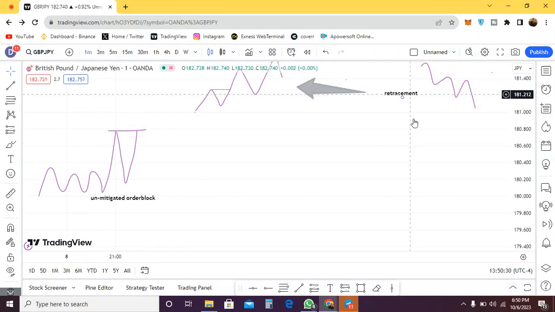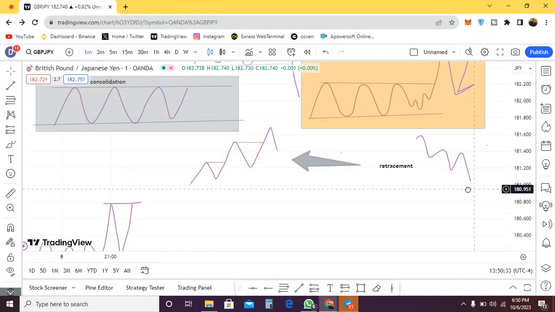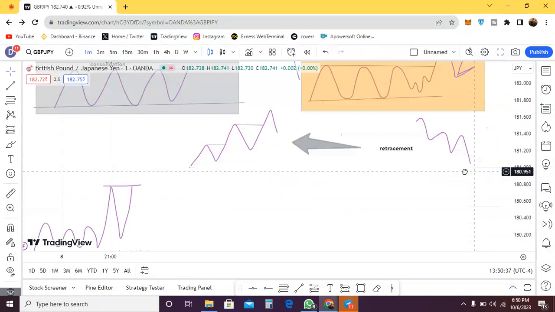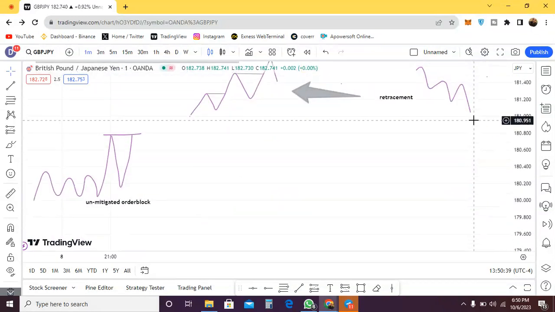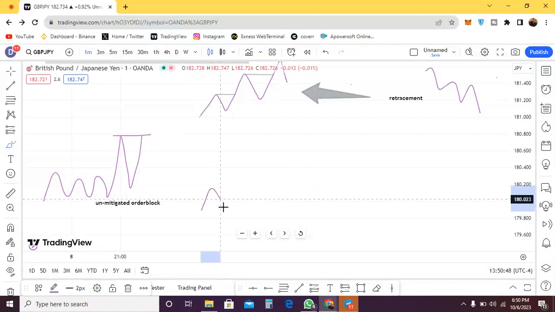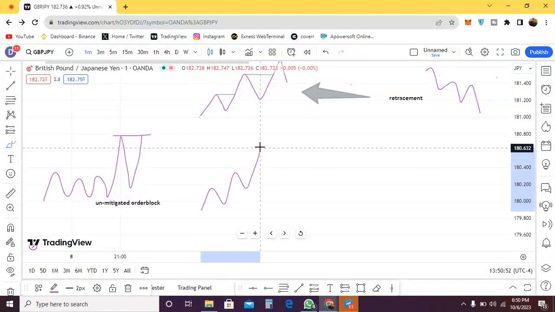Now, what is the next thing that price can do? Okay, retracement. For a retracement, let me draw an example of this again. For a retracement, price has already been giving us a clear sign of what it's doing. This is when we now consider it to be a retracement.